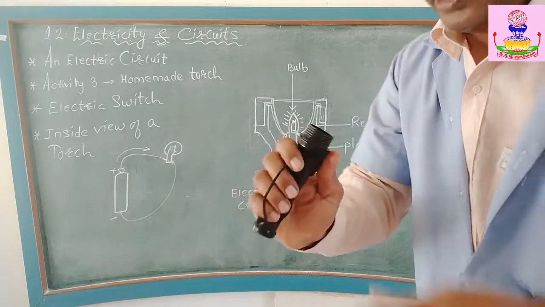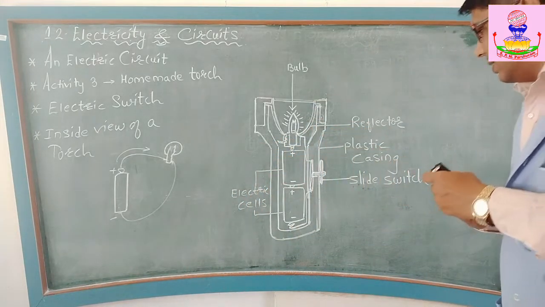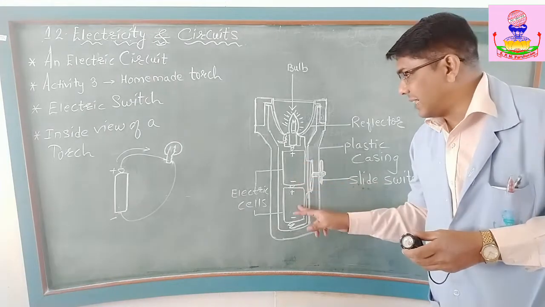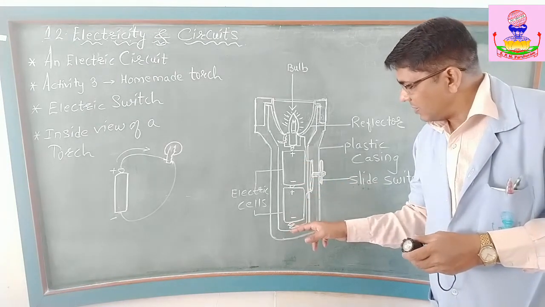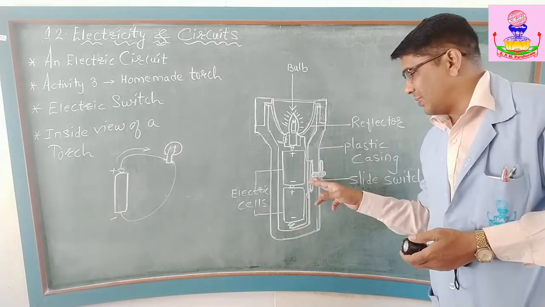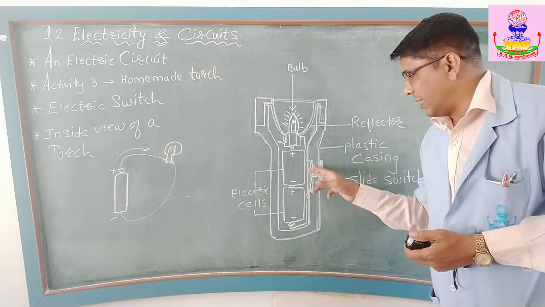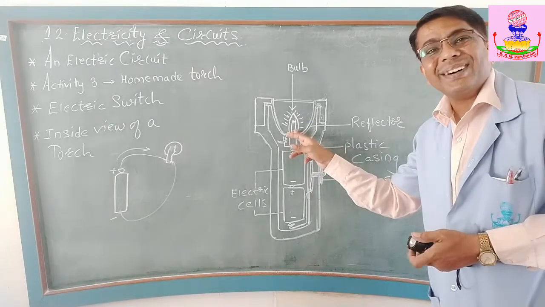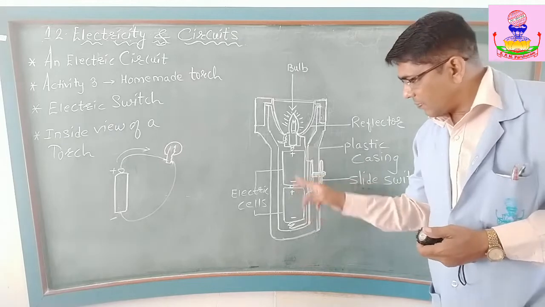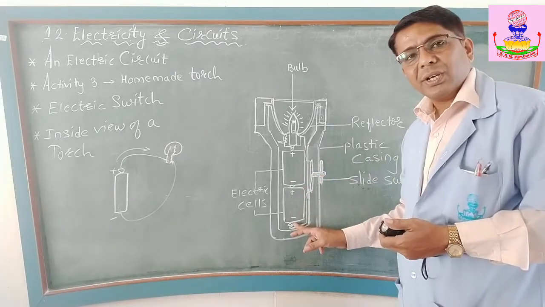And this is the sliding switch, and in this the battery, that is electric cells, are put, and this is the connector. There is a spring inside, and this spring is connected to the sliding switch. Through that sliding switch, it is connected to the bulb. These cells are put over this.